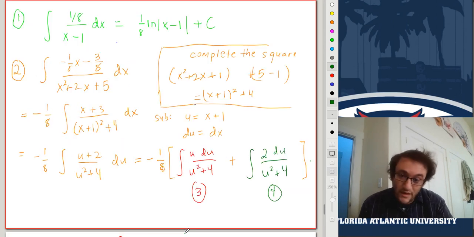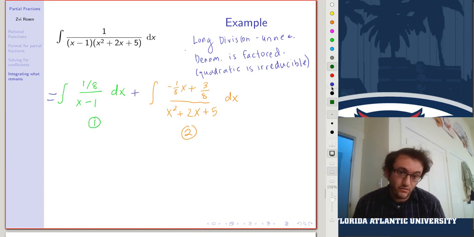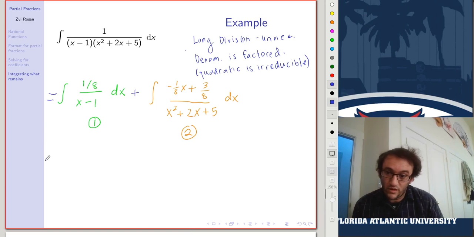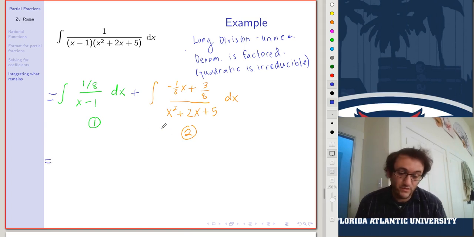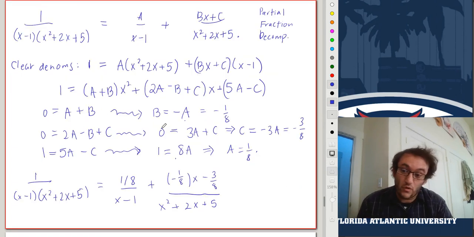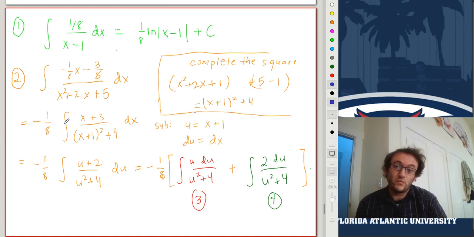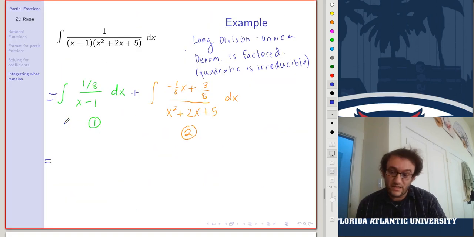Okay, so now we can bring everything together. We knew that our integral was equal to the integrals of 1 plus 2, and we knew that 2 is equal to minus 1/8 of 3 plus 4. So we'll start off with the 1. 1 was 1/8 ln of absolute value x minus 1 plus c.